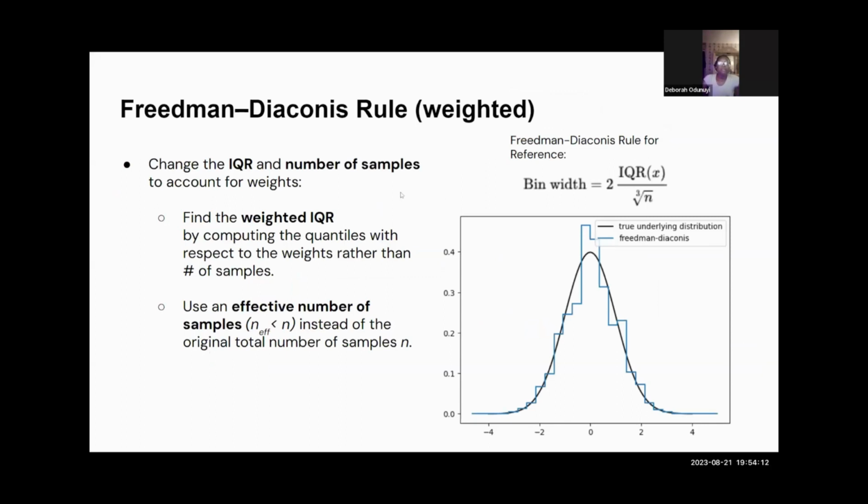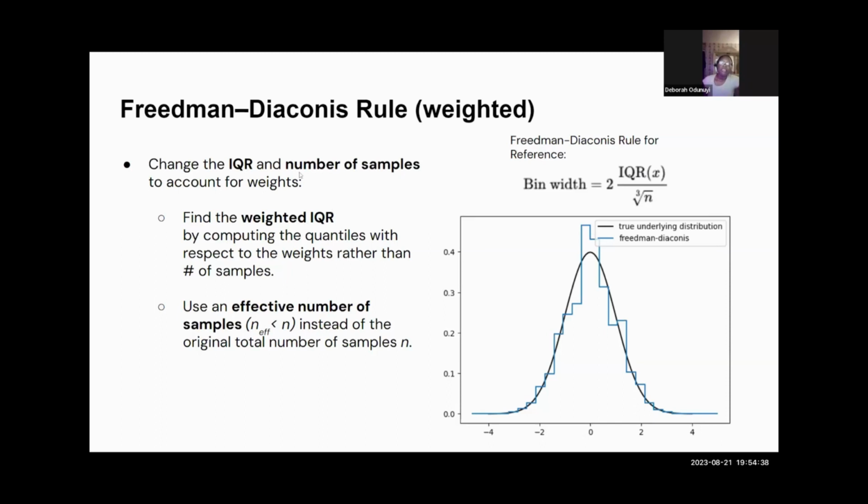Now, to make the Friedman-Diaconis rule work for weighted data, because as mentioned before, it only works for unweighted data, you have to change how the interquartile range and the number of samples work. First you need to find a weighted version of the interquartile range, and you do that by finding the interquartile range of the weights rather than the actual samples themselves.